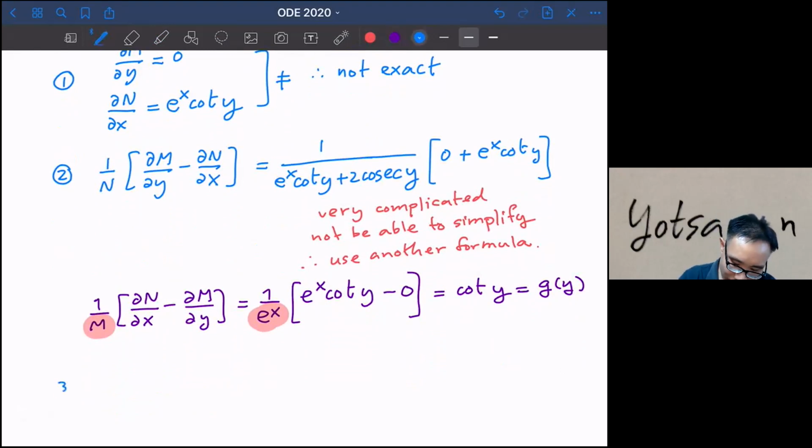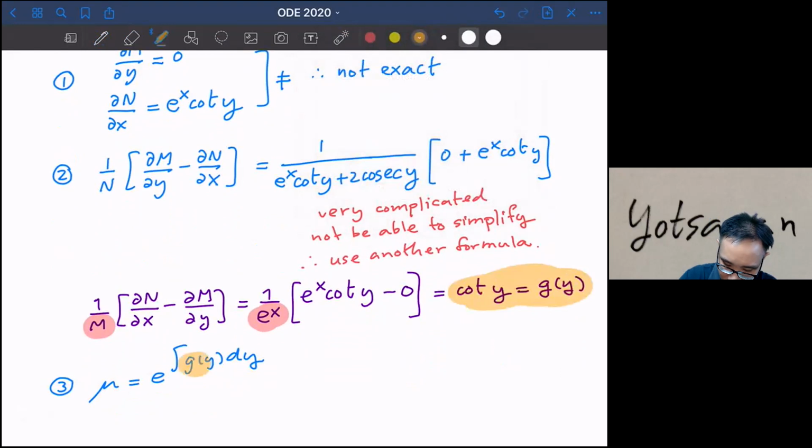So we have something nice in the second step already. For the third step, the mu turned out to be e to the integral of g(y) dy. This one I use orange color. So for this one, it's going to be e to the integral of cot y dy.